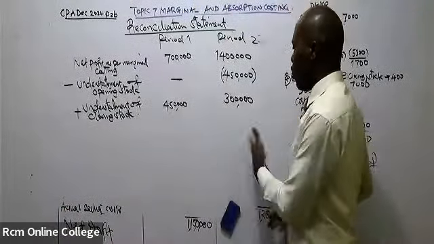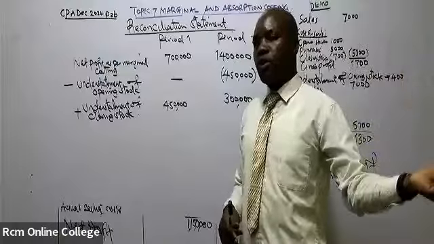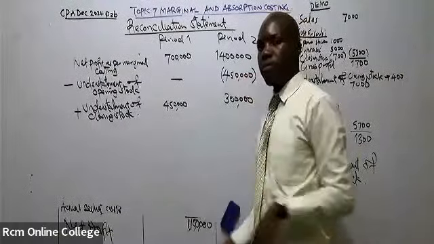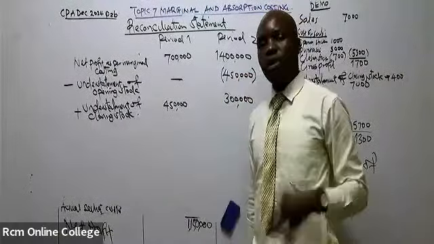Get the quantity of our closing stock in period 1, 15,000, times the fixed production cost per unit, 30. 15 by 30, it gave us 450. You are not having opening stock in period 1. Come to period 2. Opening stock, 15,000 units. Fixed production cost per unit, 30. 15 by 30, 450.